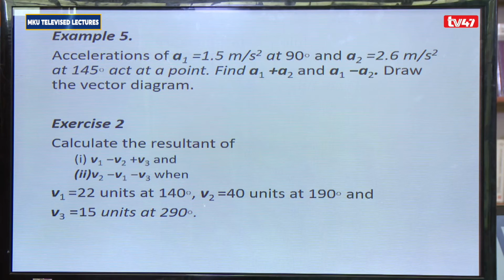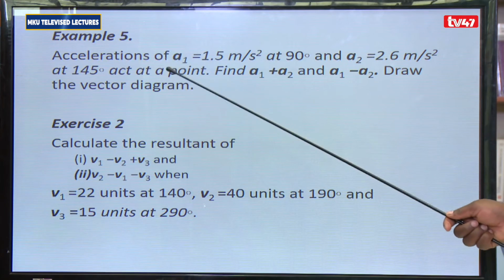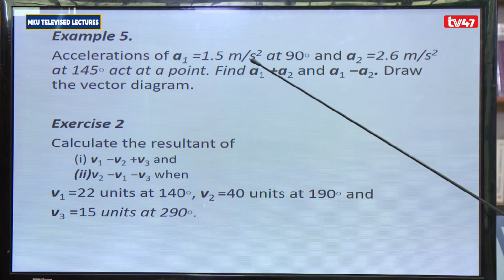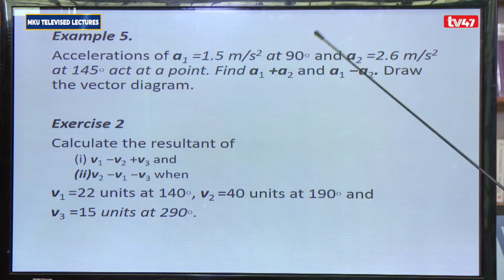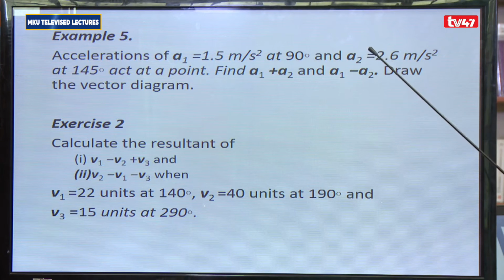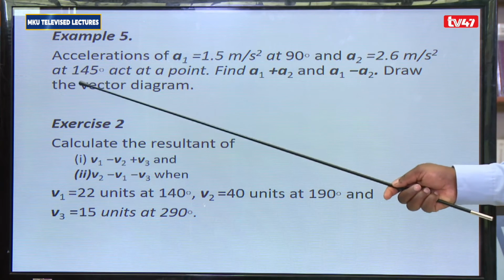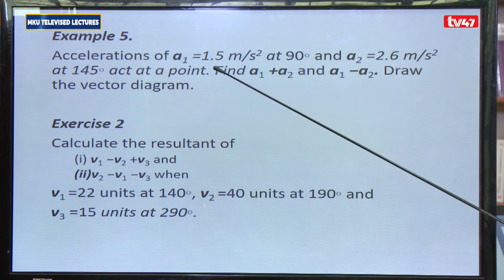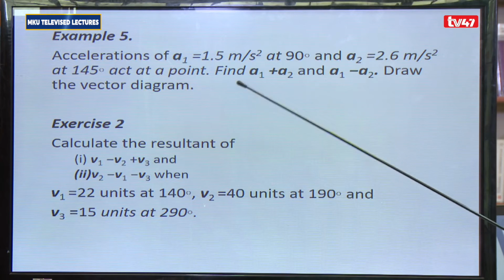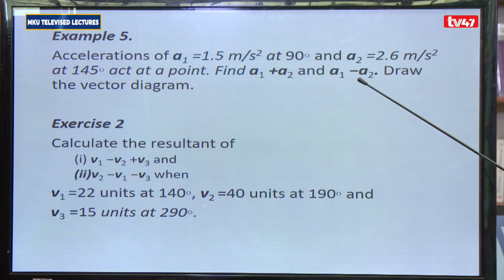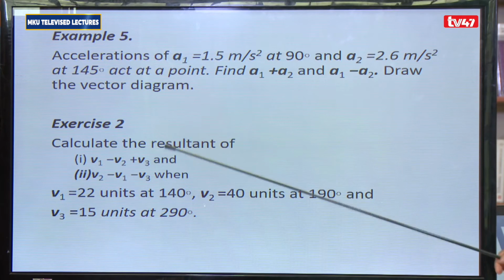Now, we have an example here. It says that an acceleration A1, which is 1.5 meters per second squared at 90 degrees, and A2, which is 2.6 meters per second squared at 145 degrees, act at a point, and you are expected to find A1 plus A2 and A1 minus A2, and draw the vector diagram.